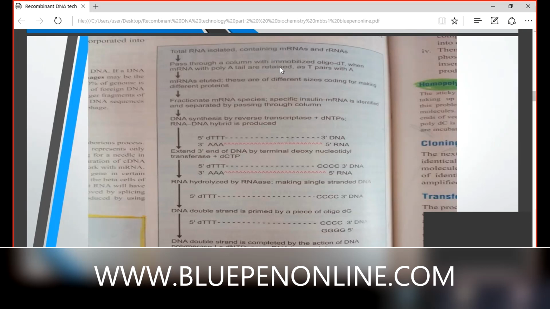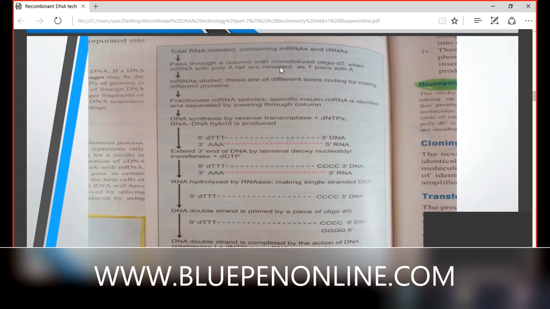This particular mRNA contains 3 prime poly A tailing. Adenine always binds with what? Thymine. So we can identify mRNA from rRNA. You got the point?